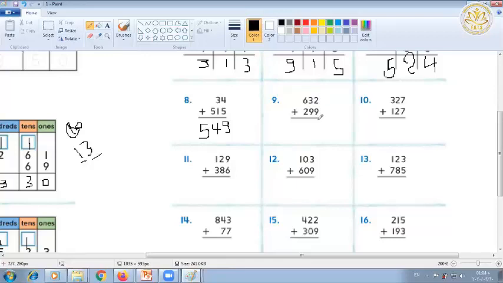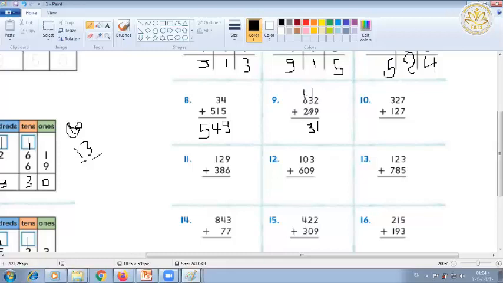2 plus 9 equal 11. I put the ones in here and the new 10 with the tens. 1 plus 3 equal 4. 4 plus 9 equal 13. So I'm going to put the 3 tens in here and the 10 tens will make a new 100.